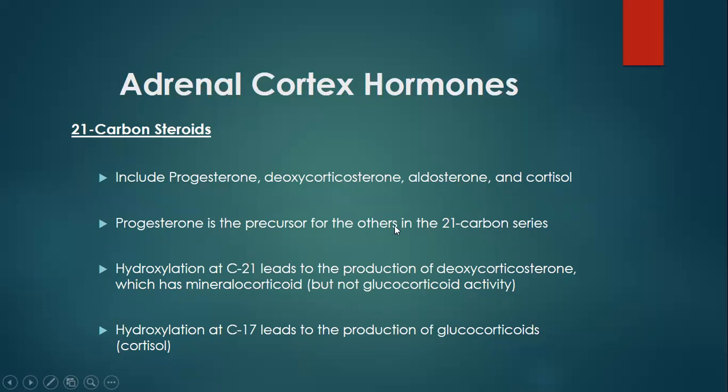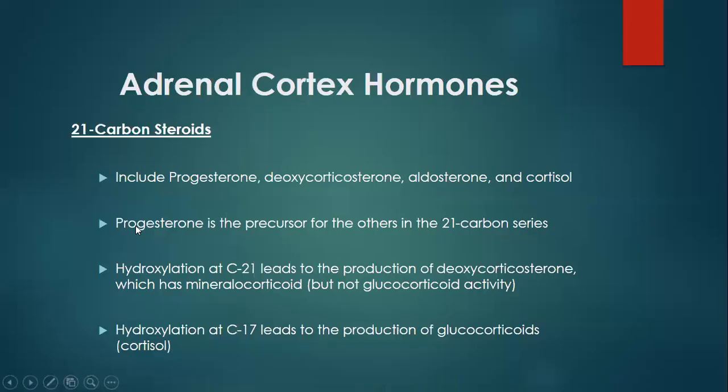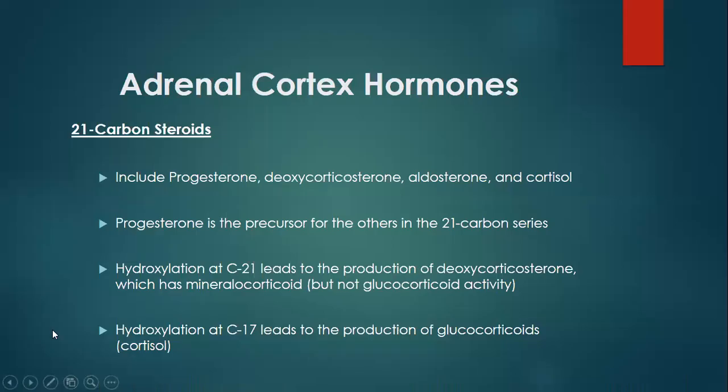Now, hydroxylation at carbon 21 leads to the production of deoxycorticosterone, and this deoxycorticosterone has mineralocorticoid activity together with corticosterone and aldosterone, but it does not have any glucocorticoid activity.